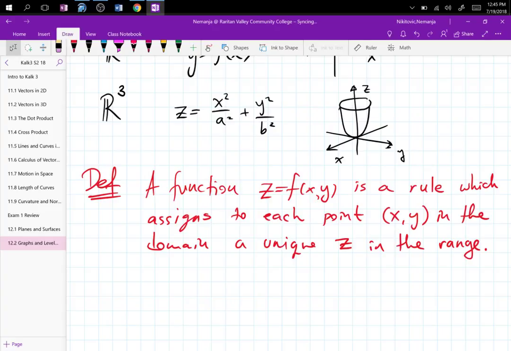Can you modify this for higher dimensions? Sure. W is a function of x, y, and z, which assigns to each point, which is now a 3D point x, y, z, a unique w in the range. Are we going to have that in this class? Yes.